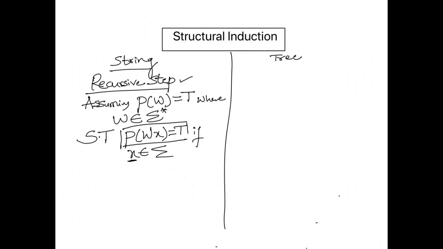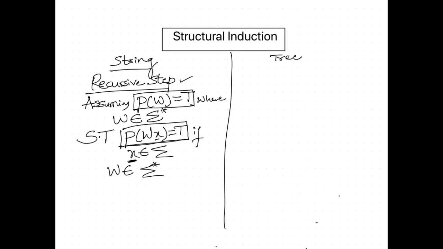How can I show this P of Wx is equal to true? By assuming P of W is equal to true, I am going to show P of Wx is equal to true. And what is W here? W is one of the strings in the set of strings. And what about x? x is a symbol in the alphabet, right?